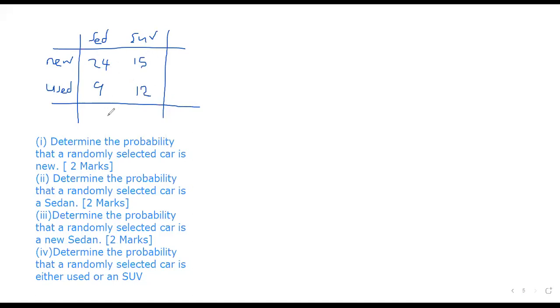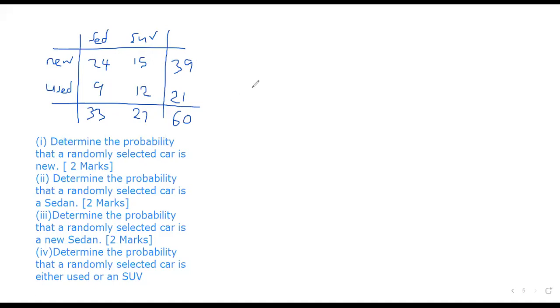What was the total here? 33. Here? 27. Here, 21. And there, 39. We had 60 there.